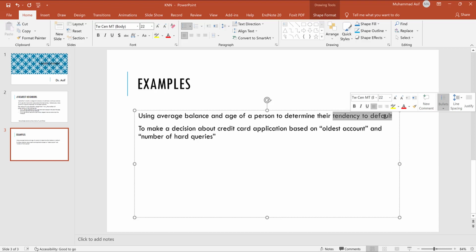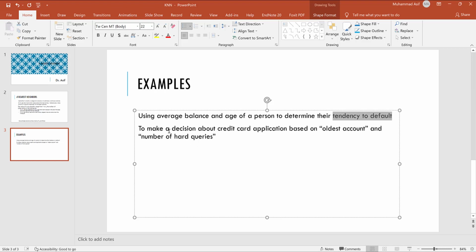So for example, if a statistician sets the value K equal to 3, they will see which 3 closest points this value matches with. And if those 3 closest points are about default, then a manager would decide that this person is most likely to default. On the other hand, if those 3 points against which the query is being compared are about not defaulting, then the decision would be exactly the opposite.